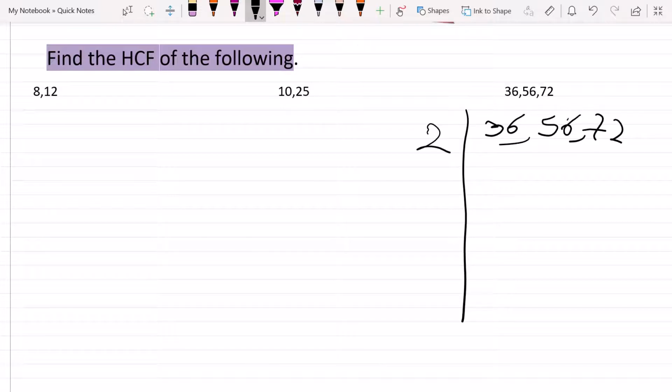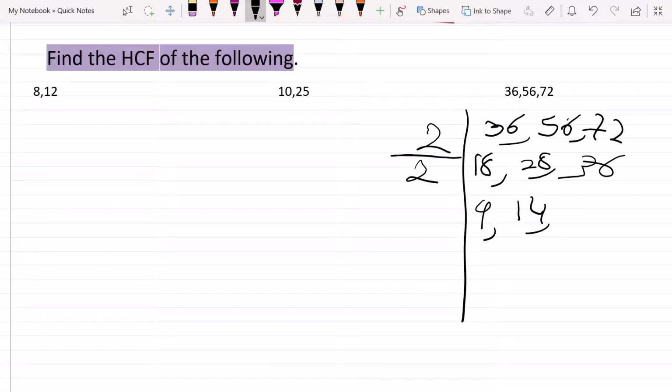So 36 divided by 2 is 18. 56 divided by 2 is 28, and 72 divided by 2 is 36. Do we have a number here that's divisible by all those three numbers, by 18, 28, and 36? Yes, it is 2 here again. So 18 divided by 2 is 9, 28 divided by 2 is 14, and 36 divided by 2 is 18.